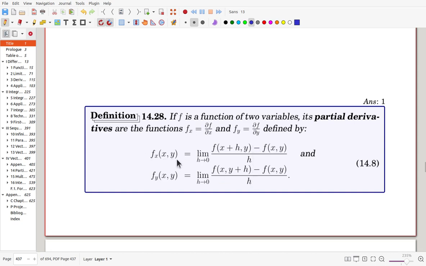And at a general point (x, y), f sub x is only in the x direction. We are trying to get the rate of change. So it is an x directional slope. And similarly, we can say f sub y is the y directional slope.